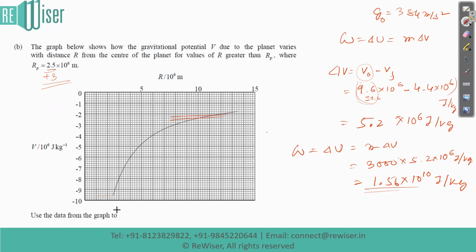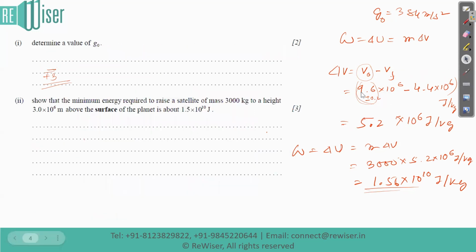So if we consider that, then it's going to be correct. You are going to get exactly or very much close to 1.56 into 10 to the power 10. Anyway, this is how we solve it, and this is the approximately correct answer.